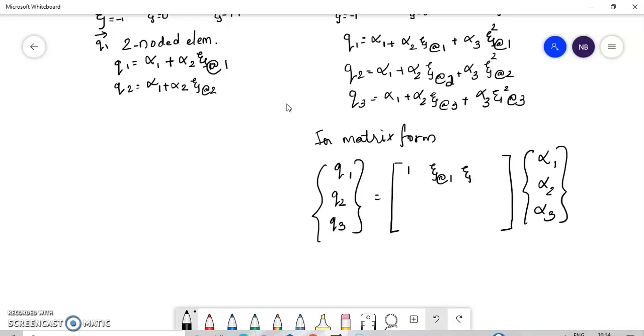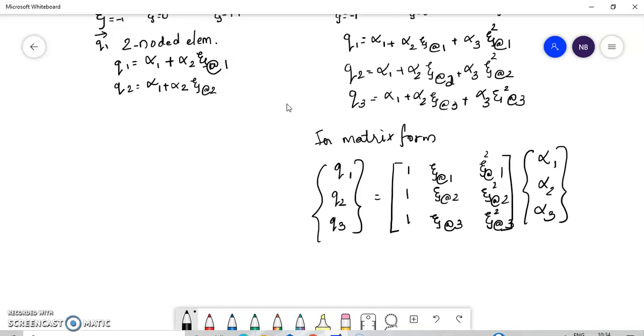The matrix has rows 1, zeta at 1, zeta square at 1; 1, zeta at 2, zeta square at 2; and 1, zeta at 3, zeta square at 3.